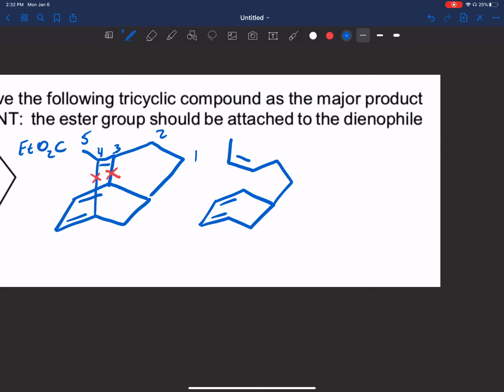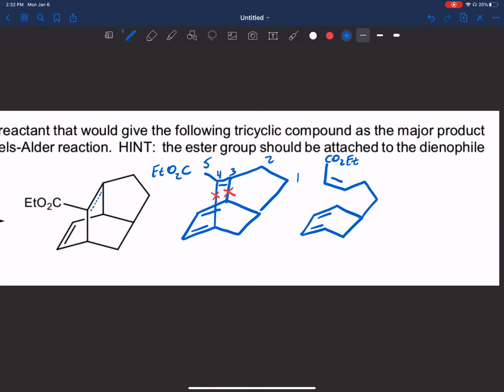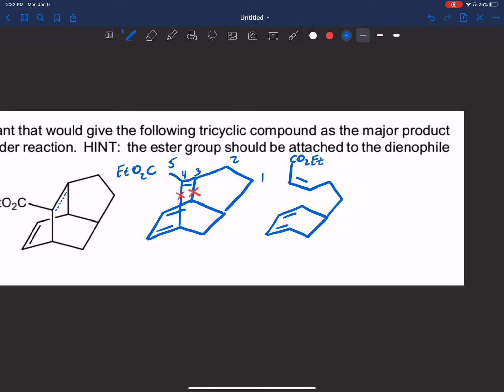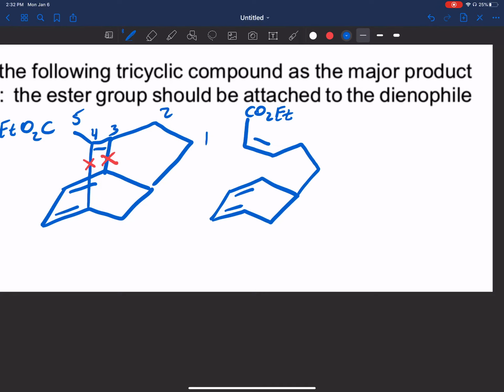And so this is what I was talking about. We have that CO2Et on the dienophile, right? Which is exactly what they asked for. So this will be our product.